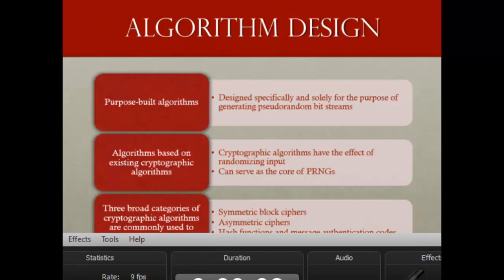A purpose-built algorithm may be provided by an operating system for general use. For applications that are already using certain cryptographic algorithms for encryption or authentication, it makes sense to reuse the same code for the PRNG. Thus, all of these approaches are in common use.